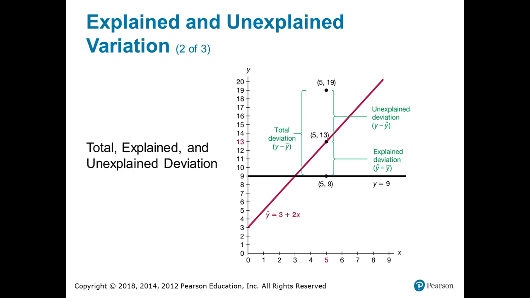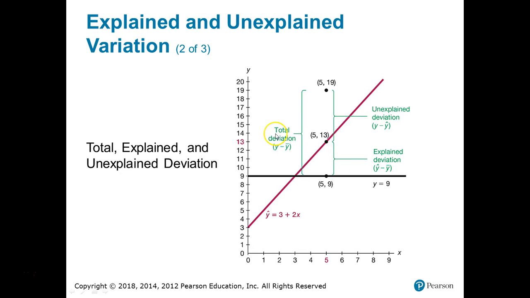measured data point was. So we say that the unexplained deviation is going to be the difference between the actual and the predicted. That's the unexplained. The explained deviation is going to be the predicted minus the average y, or y hat minus y bar.